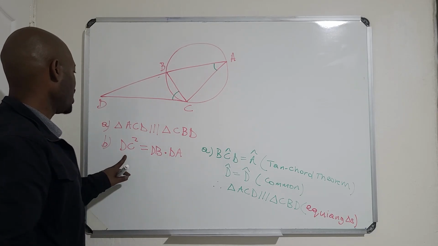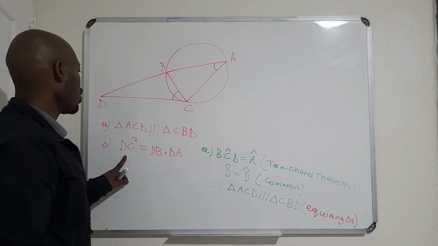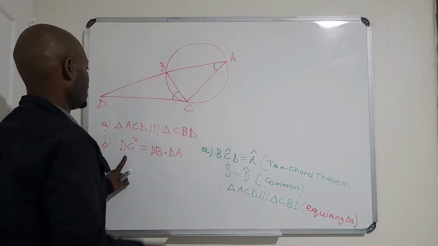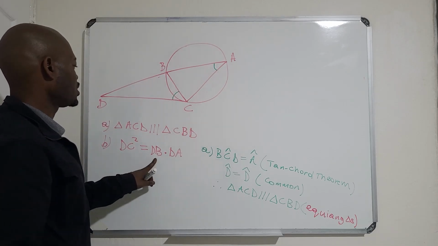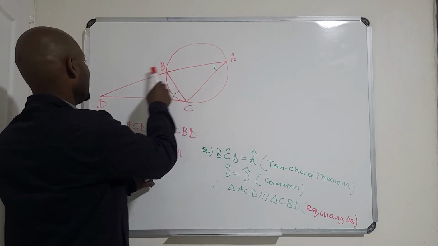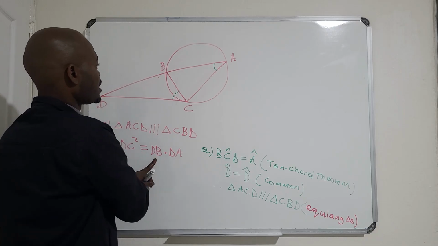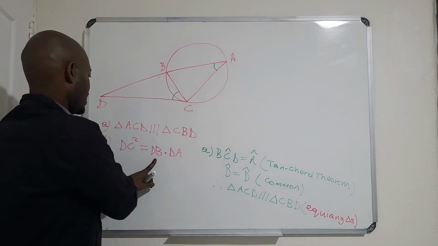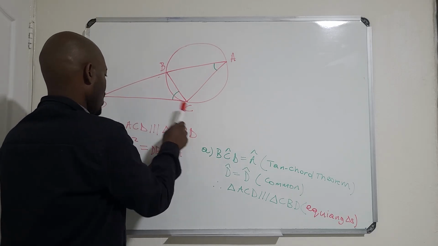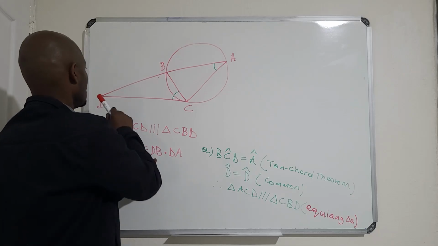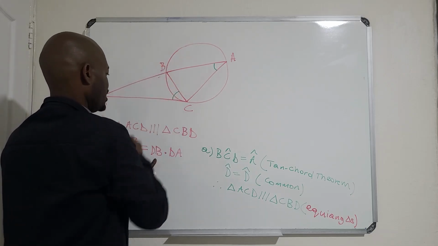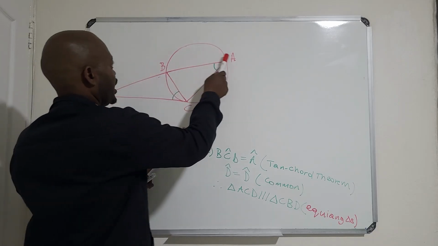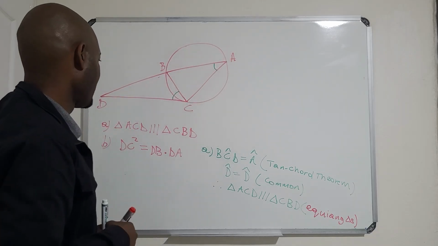Now, we are told to show that DC squared is equal to BD times AD. We are told to show that DC squared is equal to DB times AD, or DA, however we prefer.